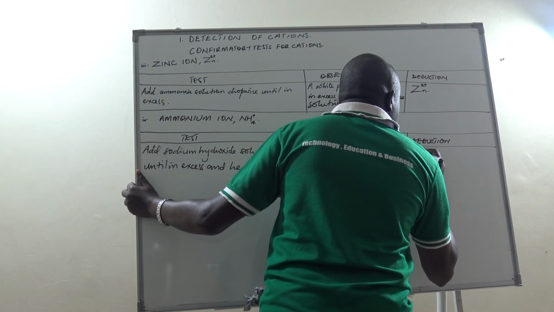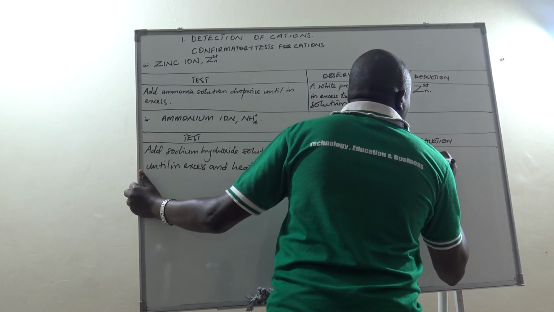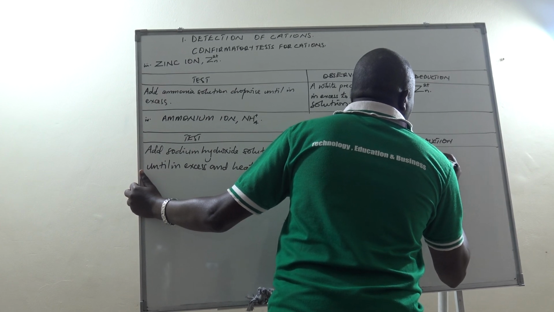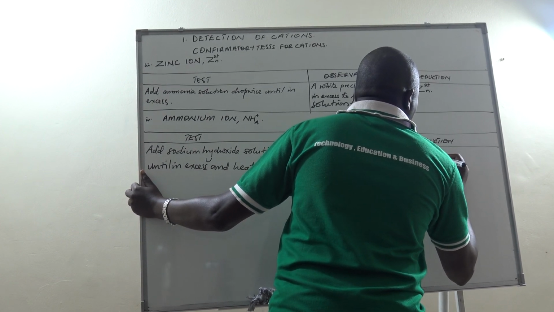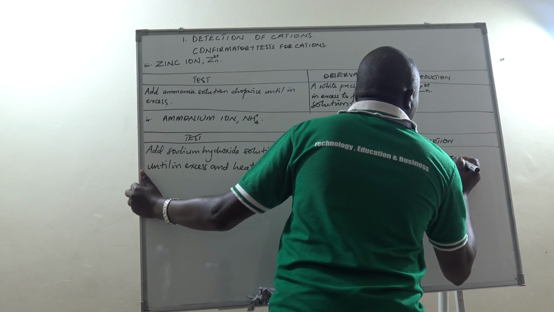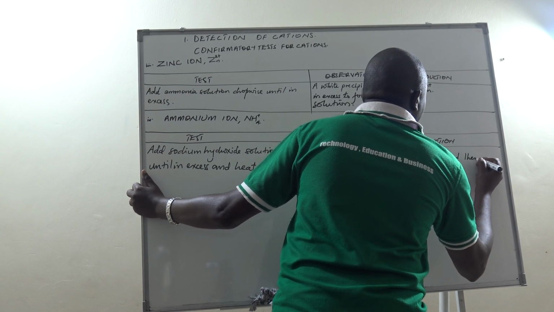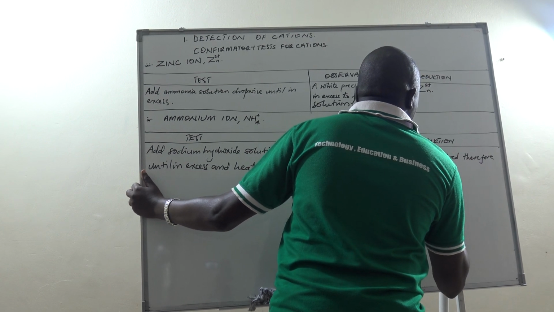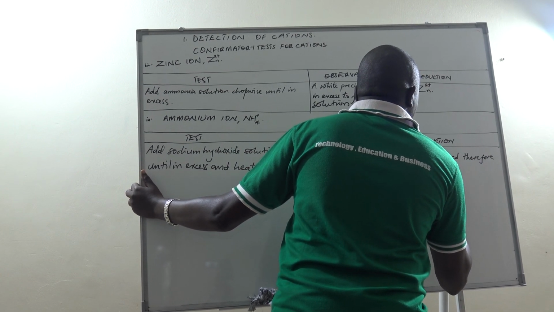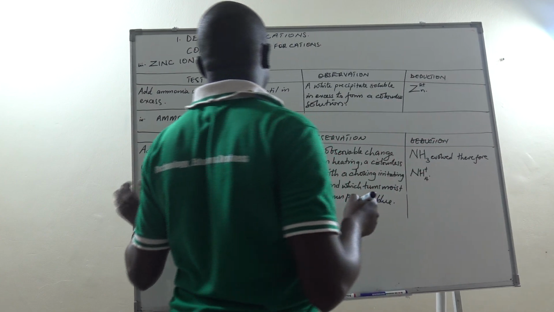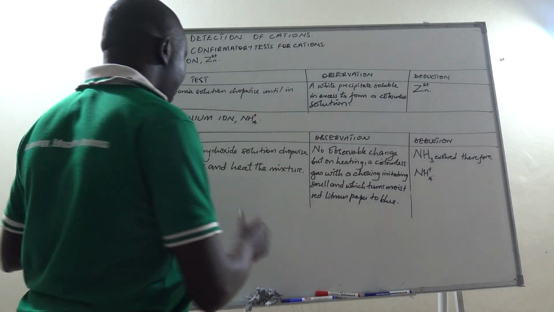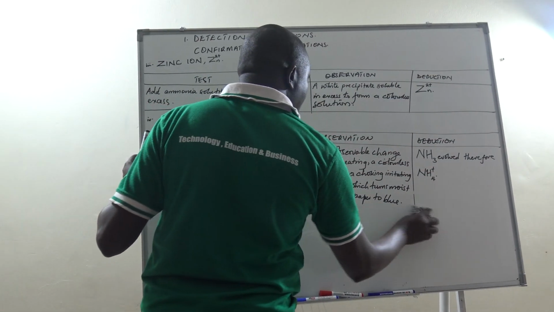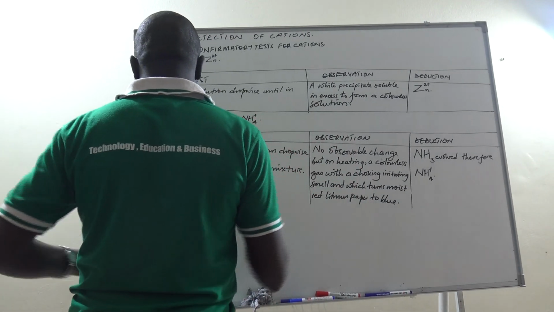So we deduce in this case that it is the gas which is ammonia that has been produced. Ammonia evolved. Therefore, we have ammonium ion in the solution under test. We are detecting these cations here in solutions. Mark you, be able to remember this.